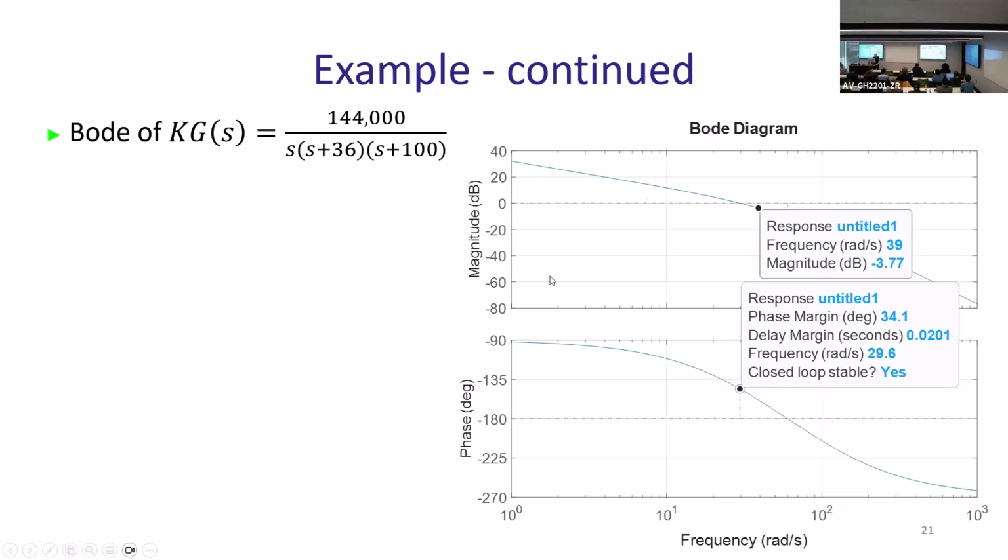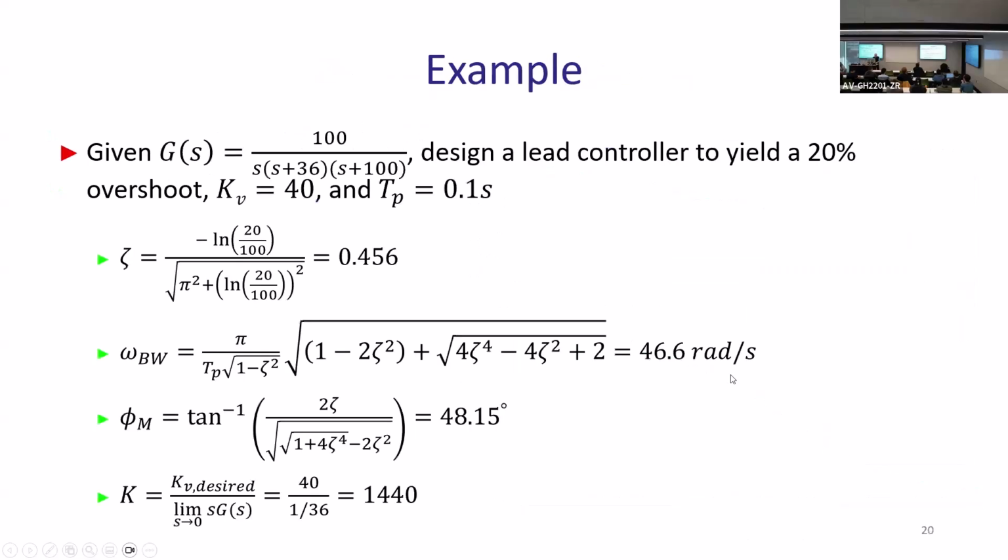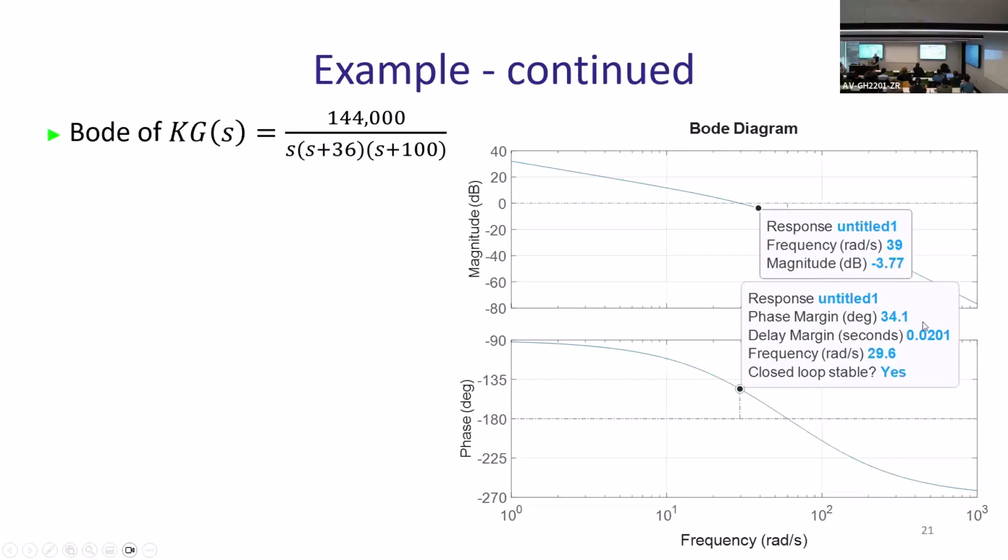Okay, this is the Bode diagram. I'm plotting the Bode diagram, and then you do a right click here and choose characteristics or specifications, maybe I don't remember the exact name. But when you click on that right menu, it gives you the phase margin of the Bode diagram. So first, that phase margin will be 34 degrees. And if you remember, you wanted that number, 48 degrees. Okay. And you have only 34 degrees.